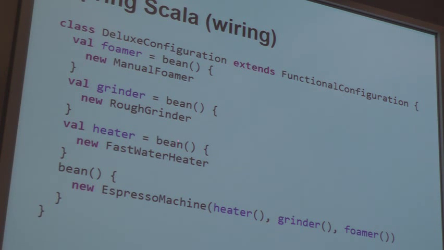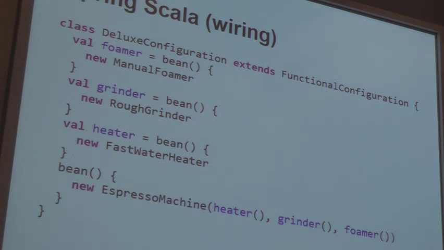We see it used 3 times here, and so we create 3 beans, one for the manual folder, rough driver, and fast folder here, and we use these functions that we created later, when we create the bean for the espresso machine. In the creation function for this bean, we use the lookup functions that we've created at the top.